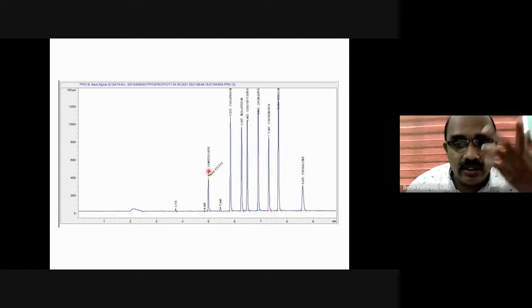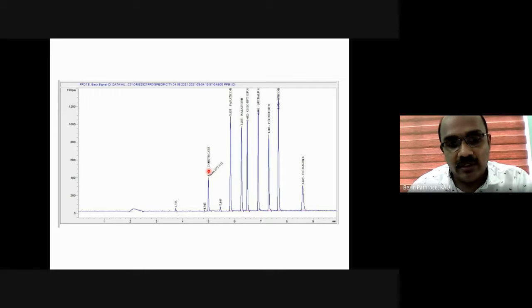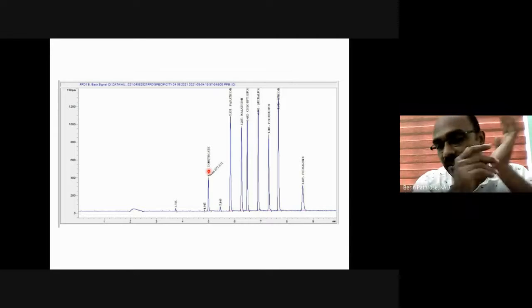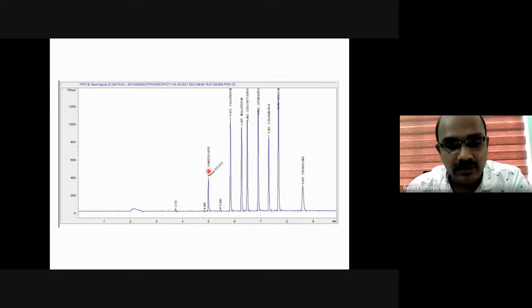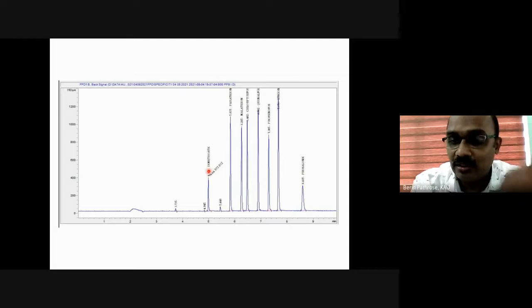If you are using a 25-meter column, what will happen to the retention time of the pesticides? Whether the retention time will increase or decrease? I will repeat. Decrease. Yes, Safna. It will decrease because it will come out quickly, come out early.